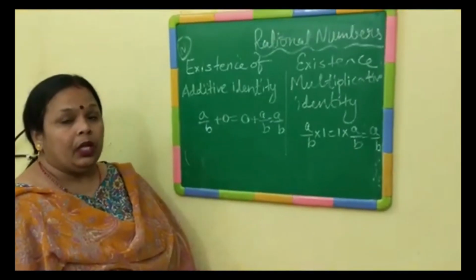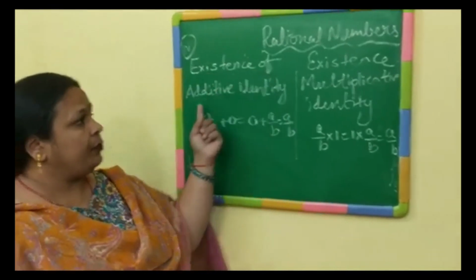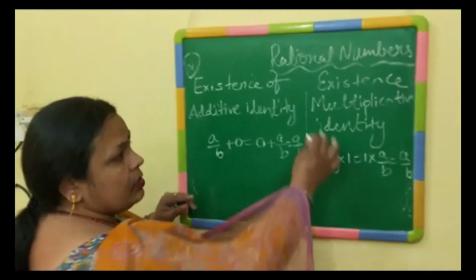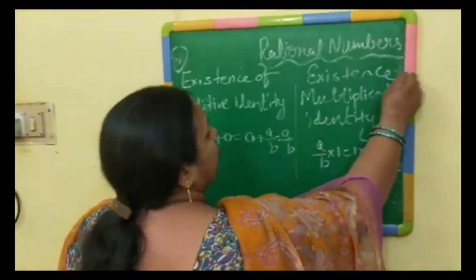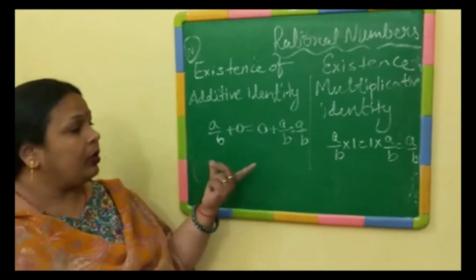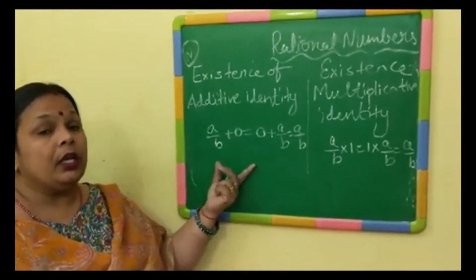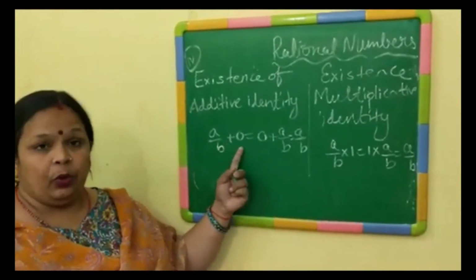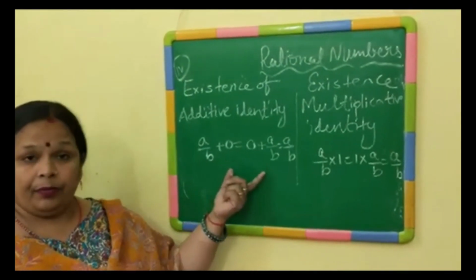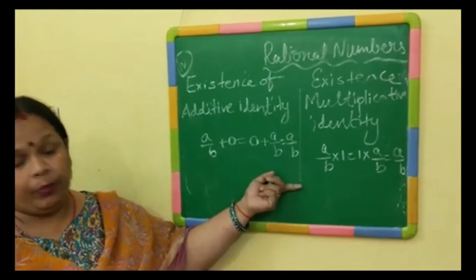Now the next one is the existence of the additive identity for addition and the multiplicative identity for multiplication. There is a number 0 which, when added to a rational number, may the order differ, the rational number remains the same.